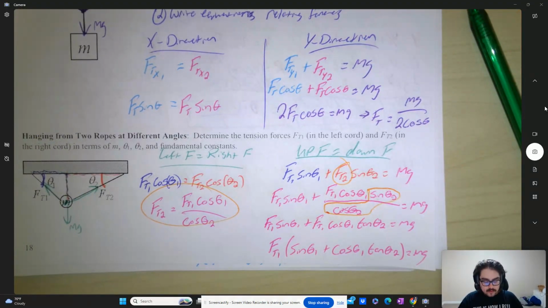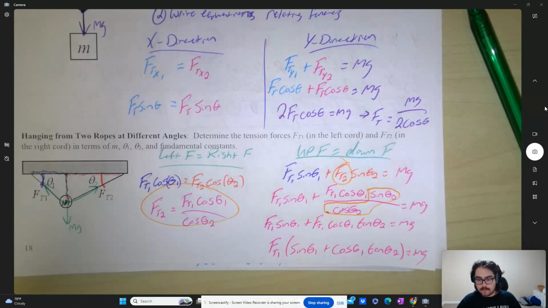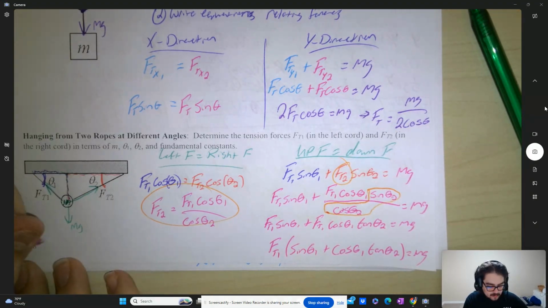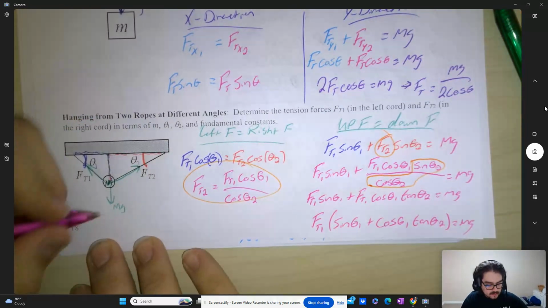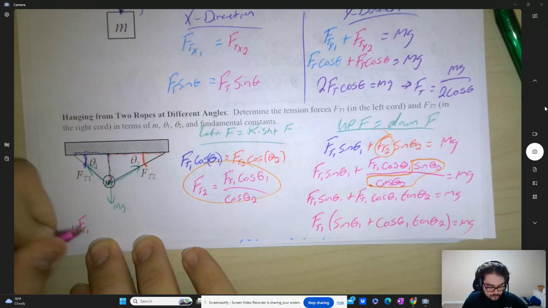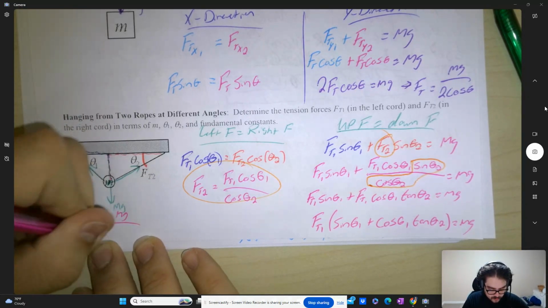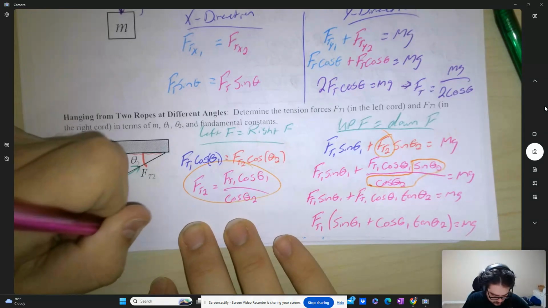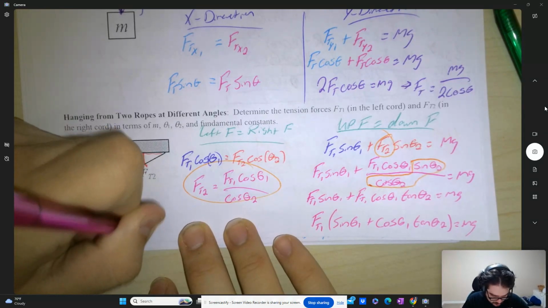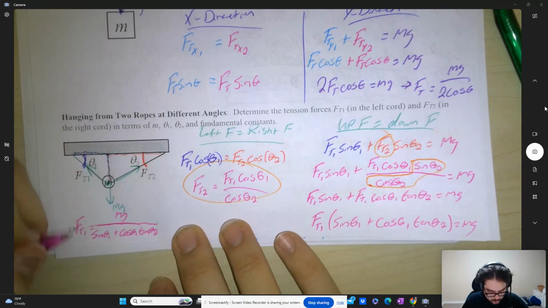And then when you get ft1 by itself, all you got to do is divide by this whole mess right here. And I'll write it off to the side here, okay? What you should end up getting is that ft1 is equal to mg over sine theta 1 plus cosine theta 1 times tangent theta 2. Oh my gosh, Mr.